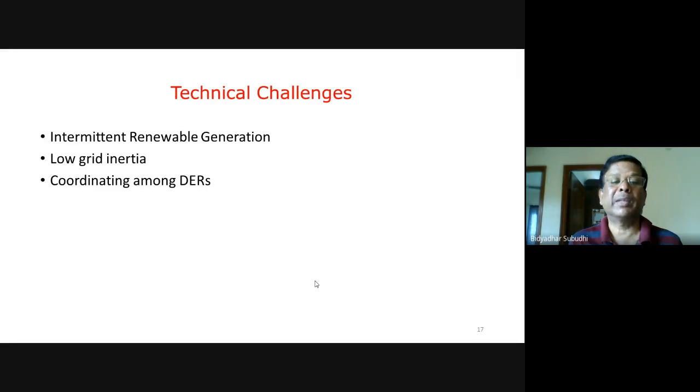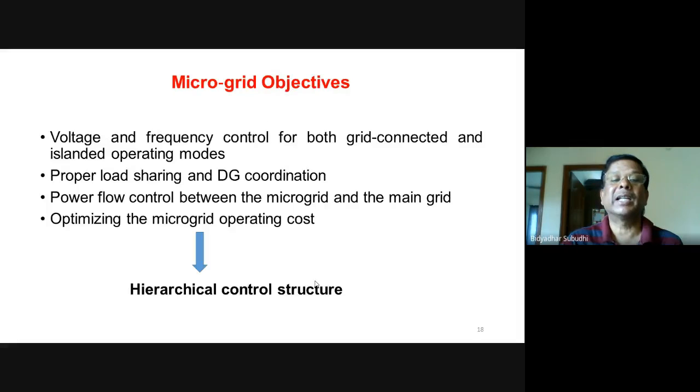And also, as I mentioned earlier, the low grid inertia of the renewables poses a serious problem for achieving frequency control, unlike in the case of fossil fuel or conventional power sources. And also, how to coordinate among the participating distributed energy resources in the microgrid, how to transfer power and share the power among them. So these are some technical challenges.